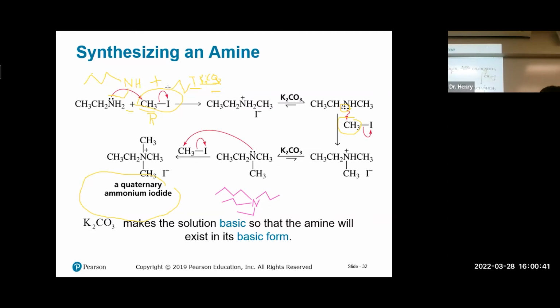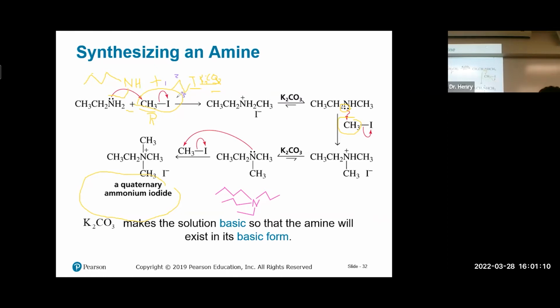In this case, is it going to matter if we're attacking the backside? Because which carbon is being attacked? Is it going to be this carbon, or this carbon? It's going to be the one that's closest to iodine. 1, 2, 3, right?